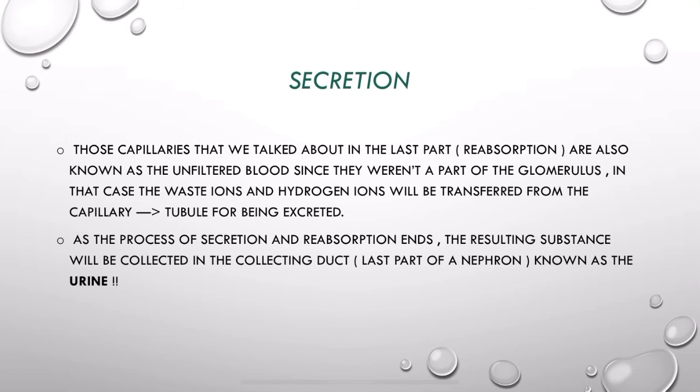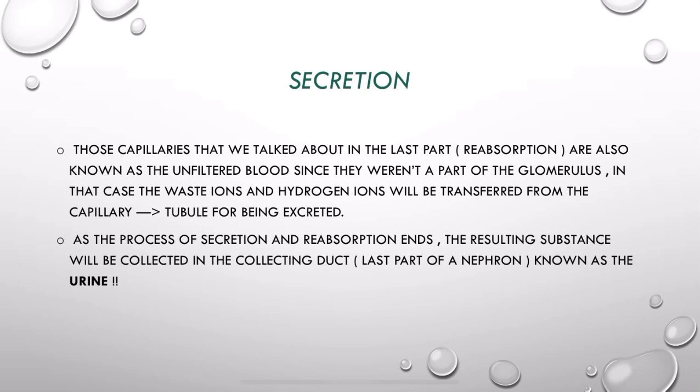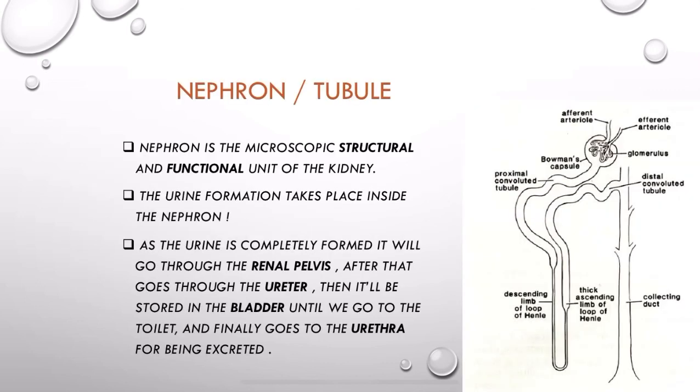As the processes of secretion and reabsorption are completed, the resulting substance, known as urine, will be collected in the collecting duct, the last part of a nephron. And now let's be more familiar with the nephron, or in other words, the tubule.